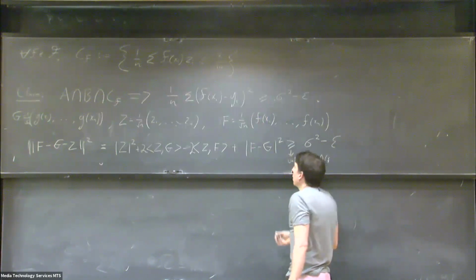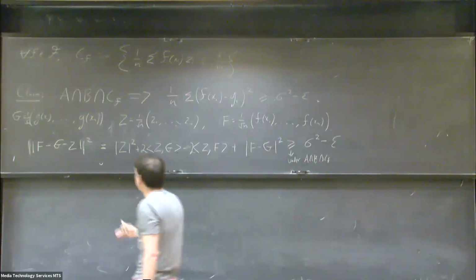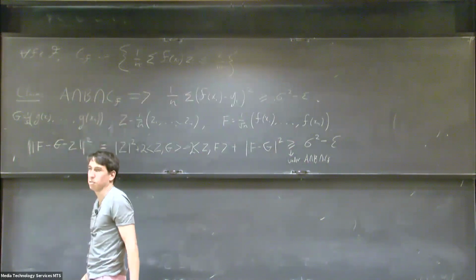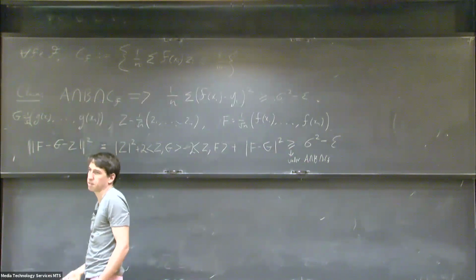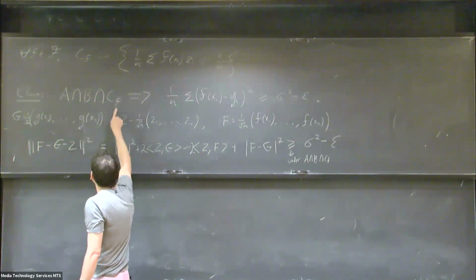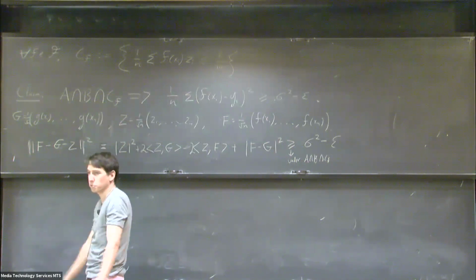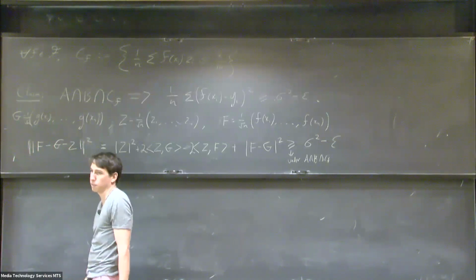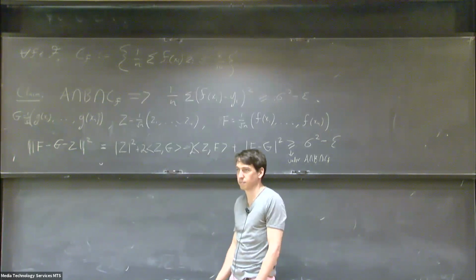The claim says that it's enough to check that for every Lipschitz function, A and B and also CF hold. Now, A and B already hold with high probability and don't depend on F. So if we establish that for every Lipschitz function CF also holds for all of them simultaneously, then we're done, because then there is just no Lipschitz function for which the reverse inequality holds. Okay.